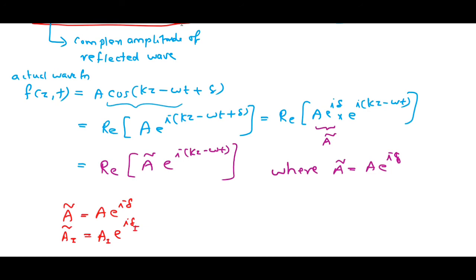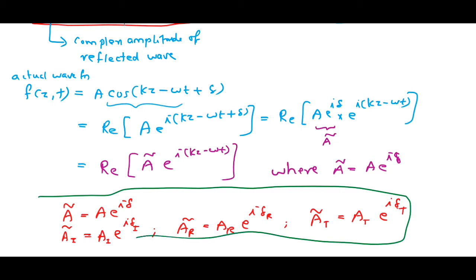In a similar fashion, for the reflected amplitude, AR complex is equal to AR e^(i delta R). For the transmitted amplitude, similarly, AT complex is equal to AT e^(i delta T). These are the relations connecting the complex amplitude and real amplitude.